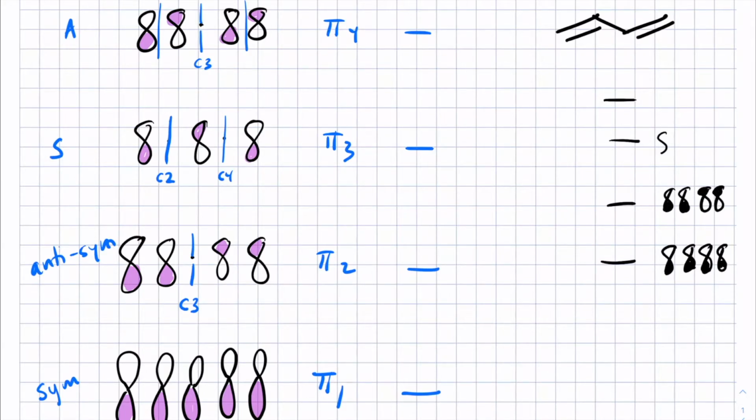When you have an even number of atoms in the pi system, there's no need for a node to correspond to an atom's position.